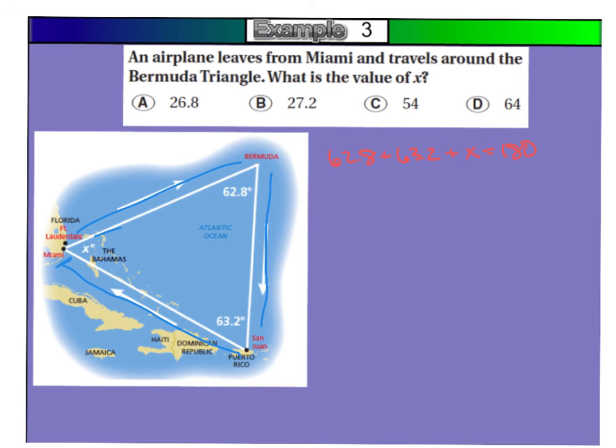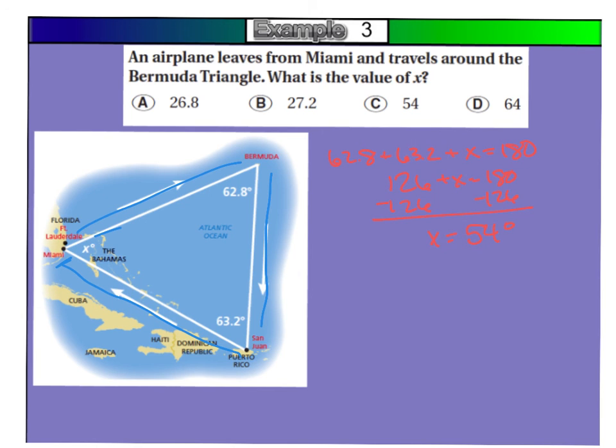So we add those two together, which gives us 126 plus the x equals 180. So I'm going to subtract 126. And that is going to give us x equals 54 degrees.